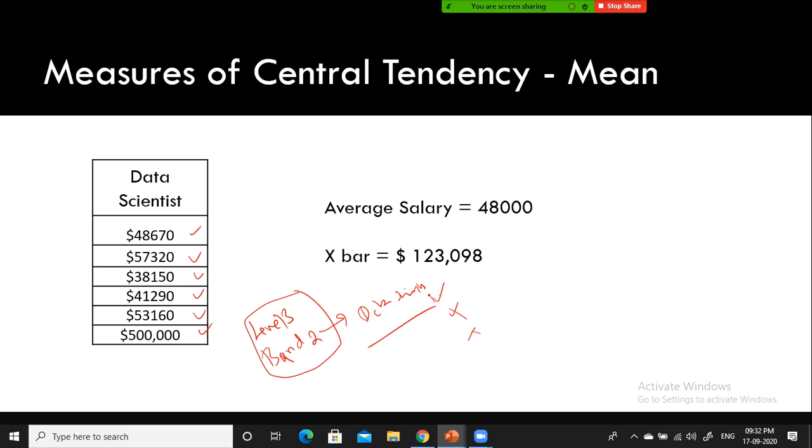Because some data scientists came from some other company. Some have more experience, based on their experience level, right? And because of the company background, they also get a good salary. Somebody joined from Google, so then you will get more salary compared to other data scientists.